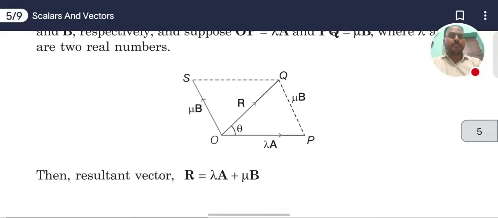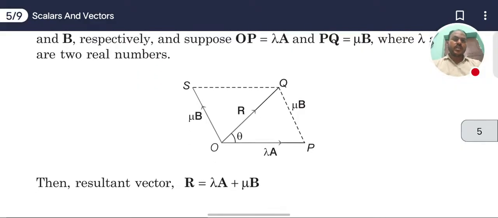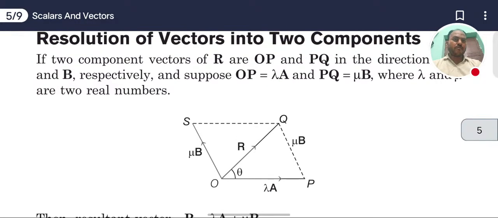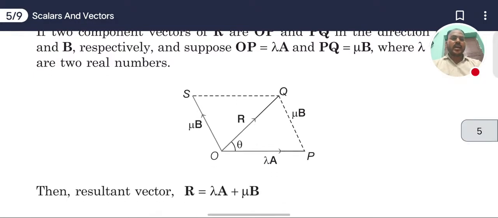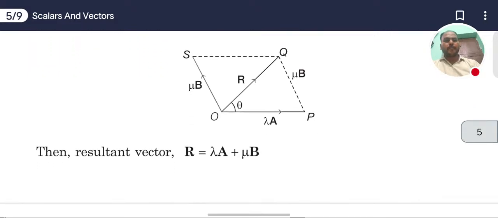Then the resultant vector of the two components is R equal to gamma A plus mu B.